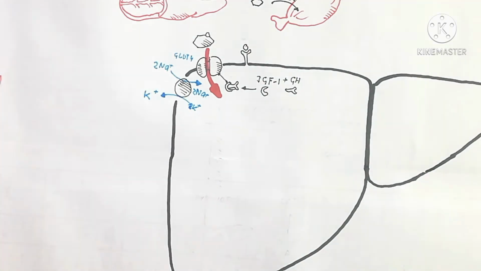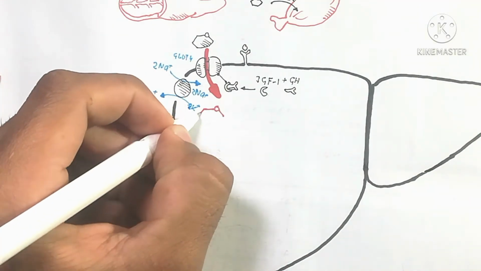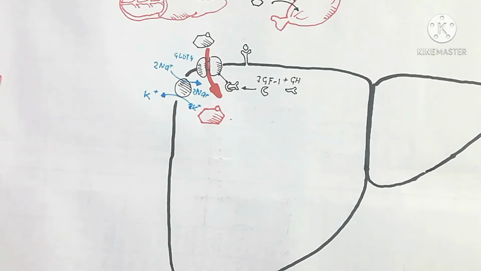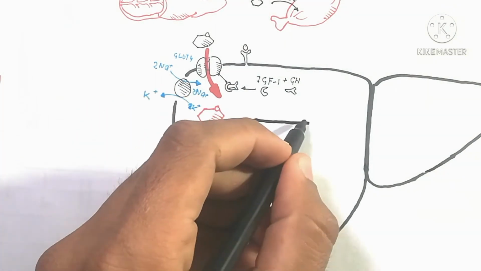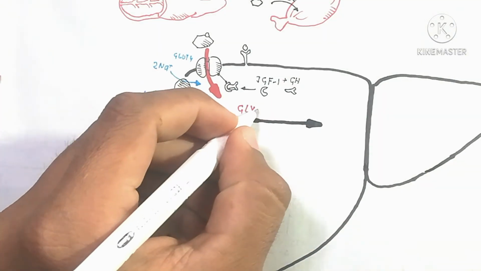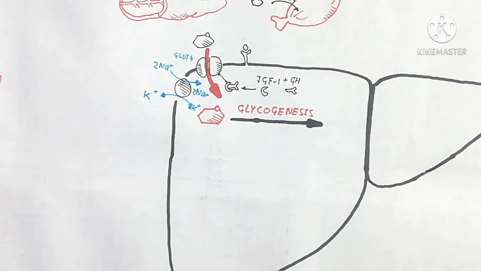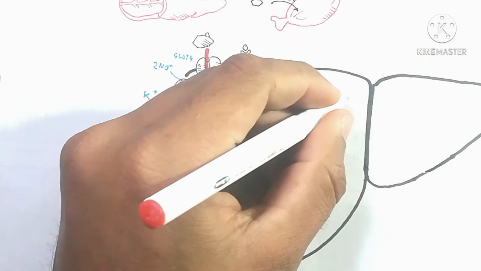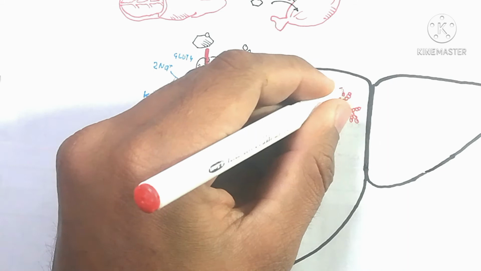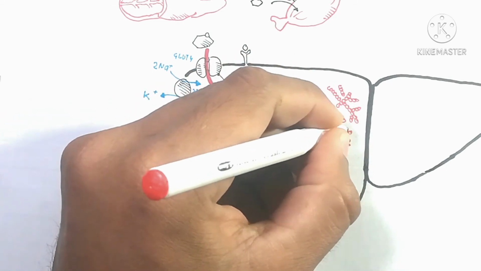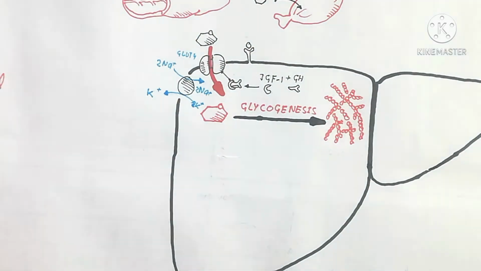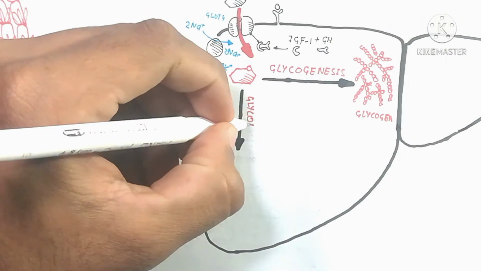It moves inside by the ATPase pump to the GLUT4 channel, with 2 sodium ions moving inside and 2 potassium ions moving outside, and these will produce glycogen through glycogenesis.